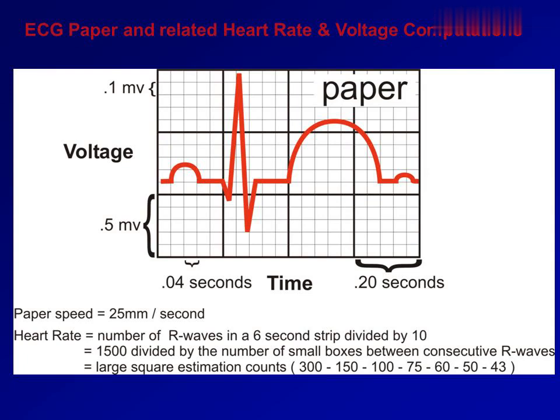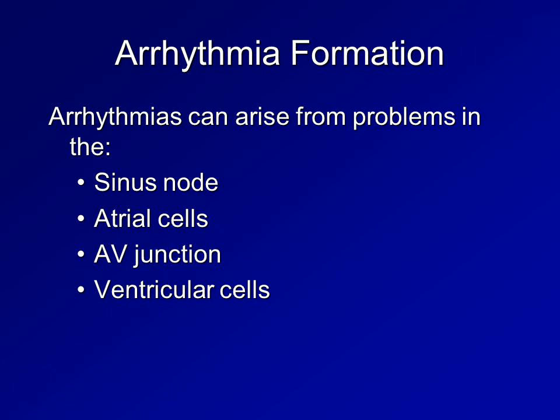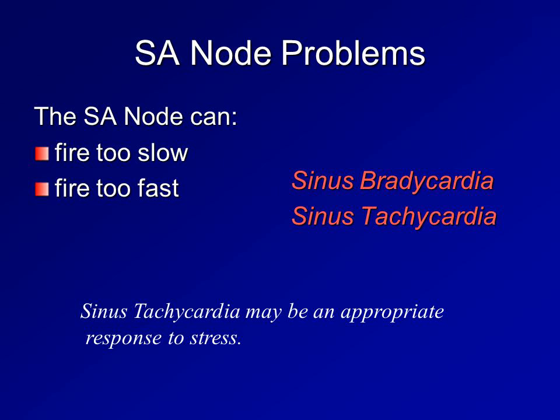ECG paper, and heart rate and voltage computations. Arrhythmia formation. Arrhythmias can arise from problems in the sinus node, atrial cells, AV junction, or ventricular cells. SA node problems: the SA node can fire too slow or too fast, causing sinus bradycardia or sinus tachycardia. Sinus tachycardia may be an appropriate response to stress.